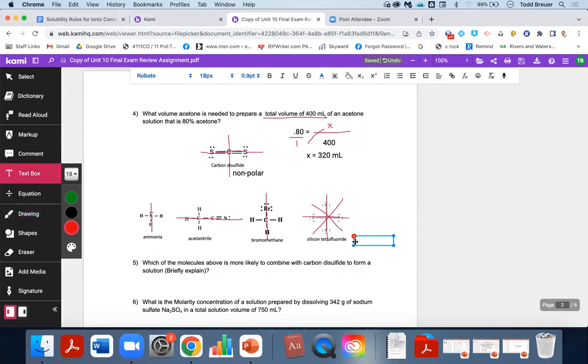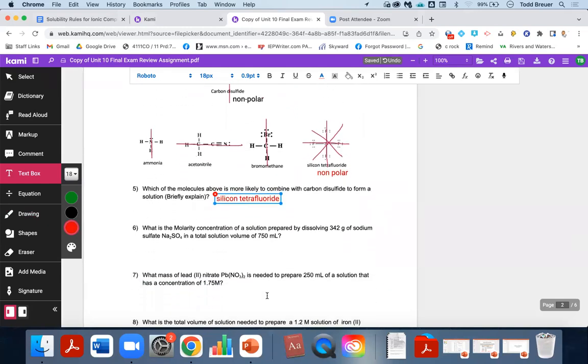Multiple lines of symmetry means that would be nonpolar, and that would tend to make a solution with carbon disulfide. So if we're looking to describe the answer, we say silicon tetrafluoride, because it's like dissolves like: nonpolar would mix with other nonpolar molecules.